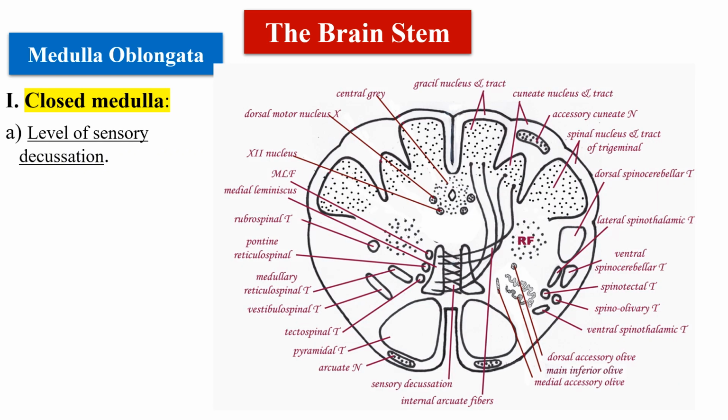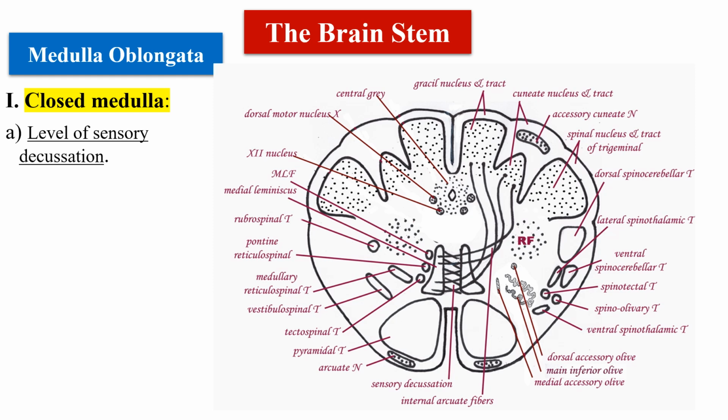What about the closed medulla at the level of sensory decussation? How can I know that this is closed medulla sensory decussation? Let's go to the posterior aspect. Here I can see the gracile nucleus and the cuneate nucleus. You can notice that the gracile nucleus is very well developed, and the tract of gracile is small in area.